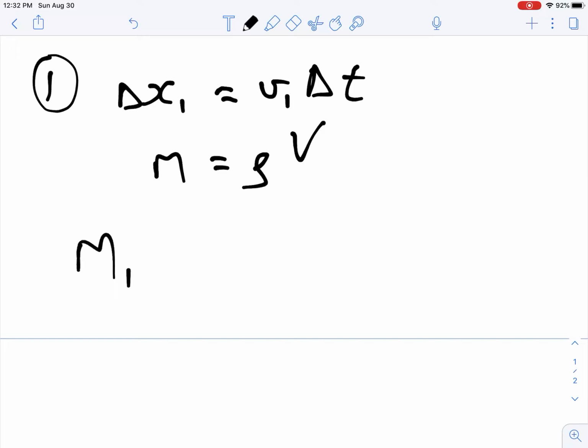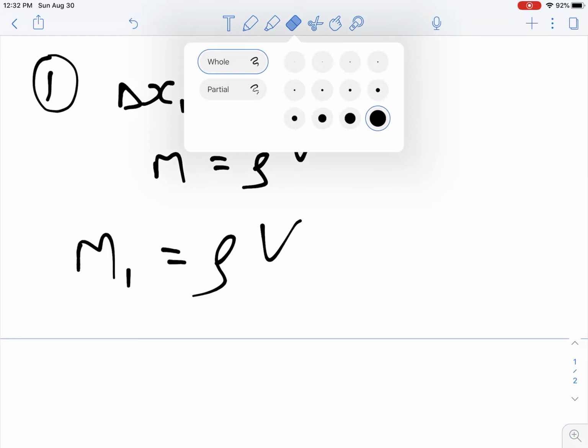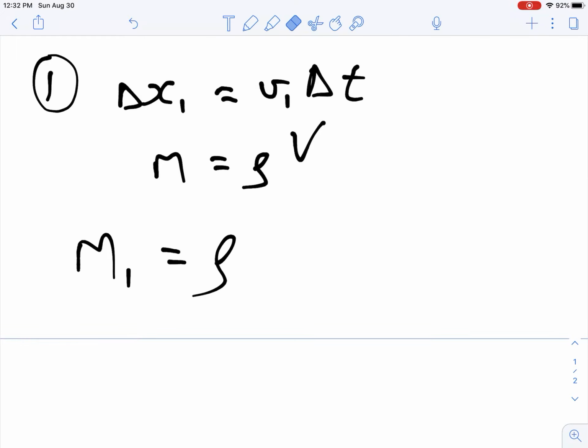So let's see. The mass entering at area 1 is going to be equal to density times volume, right? Well, volume is area times displacement. So there's my mass, density times volume.